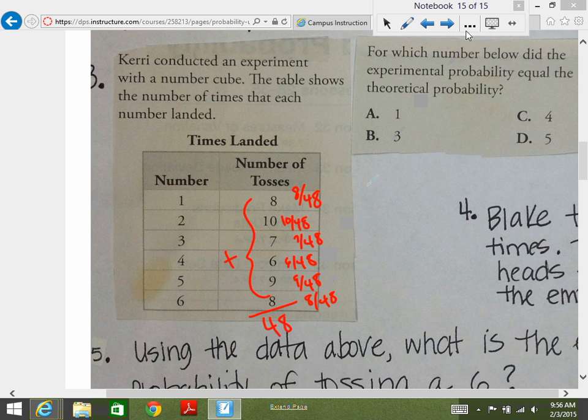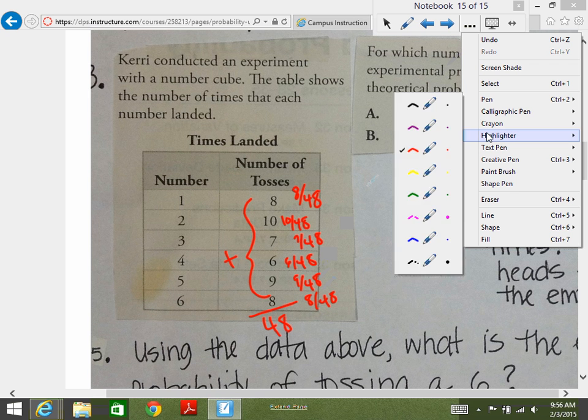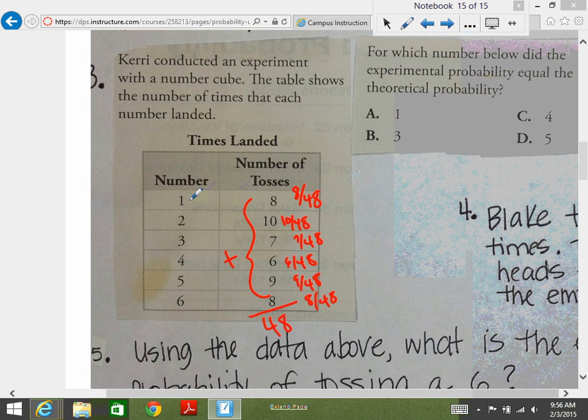Theoretical. Before the experiment, what would the theoretical be of rolling a 1? 1 out of 6. Excellent. Rolling a 2. Rolling a 3. Rolling a 4. Rolling a 5. Rolling a 6.